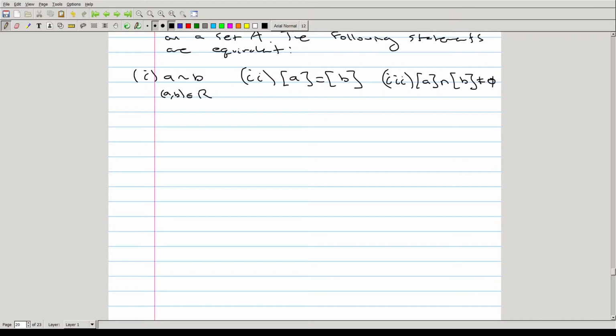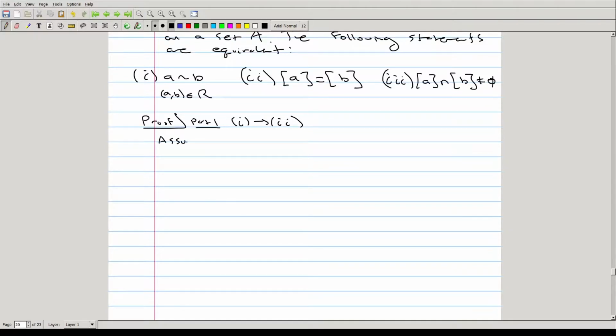And the proof of this theorem can be broken into three parts. For part one, we're going to show that statement 1 implies statement 2.